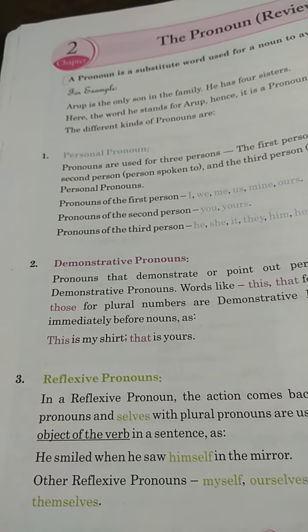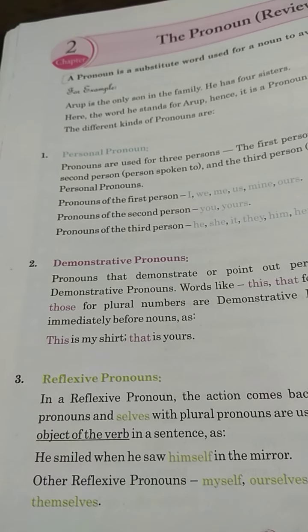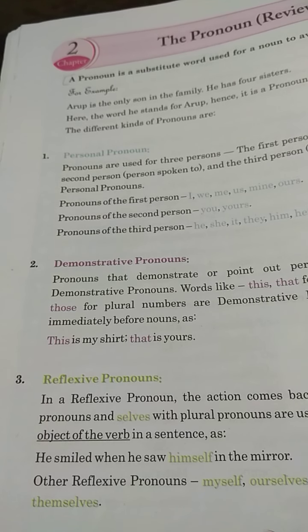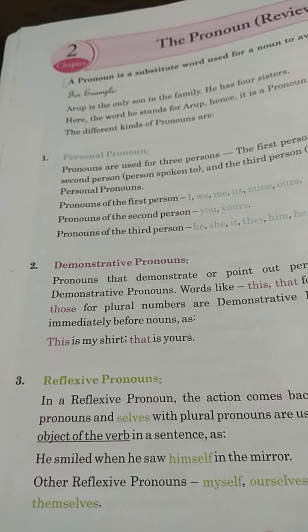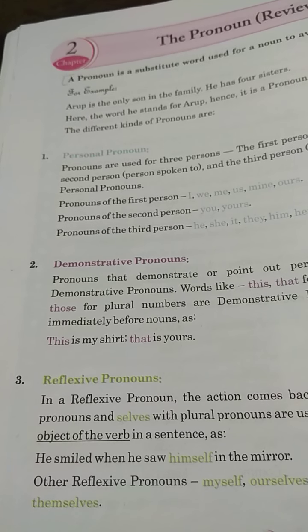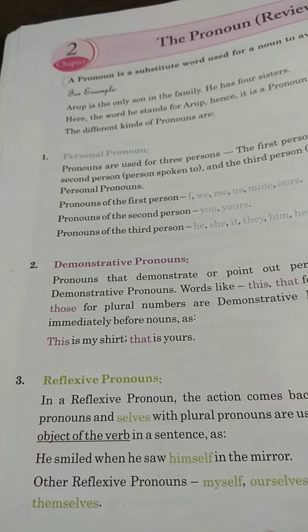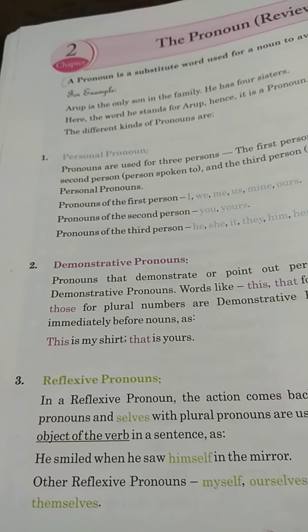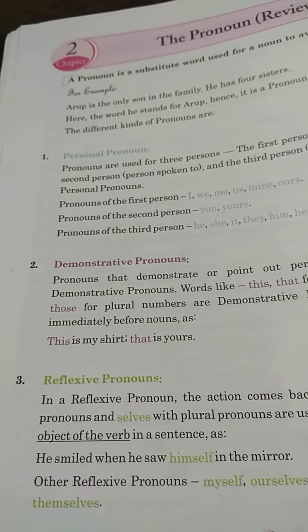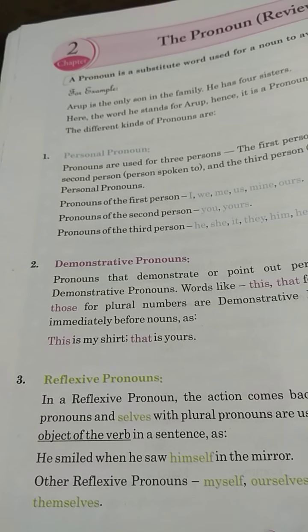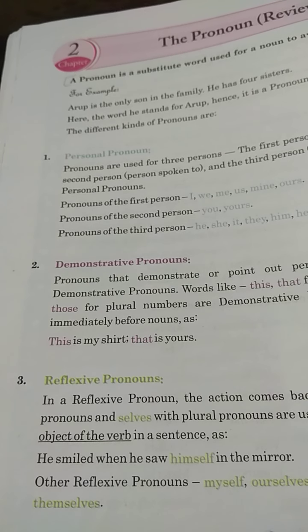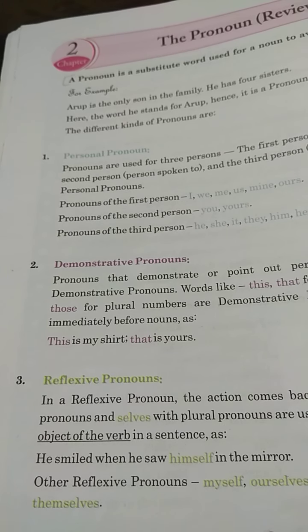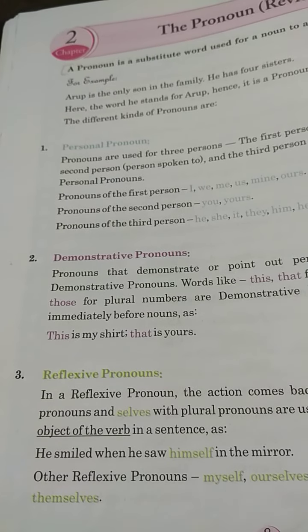The words itself and themselves are objects of the verbs saw and hurt respectively, hence they are reflexive pronouns. A reflexive pronoun is used as an object of the verb and it refers to the same person which is denoted by the subject.